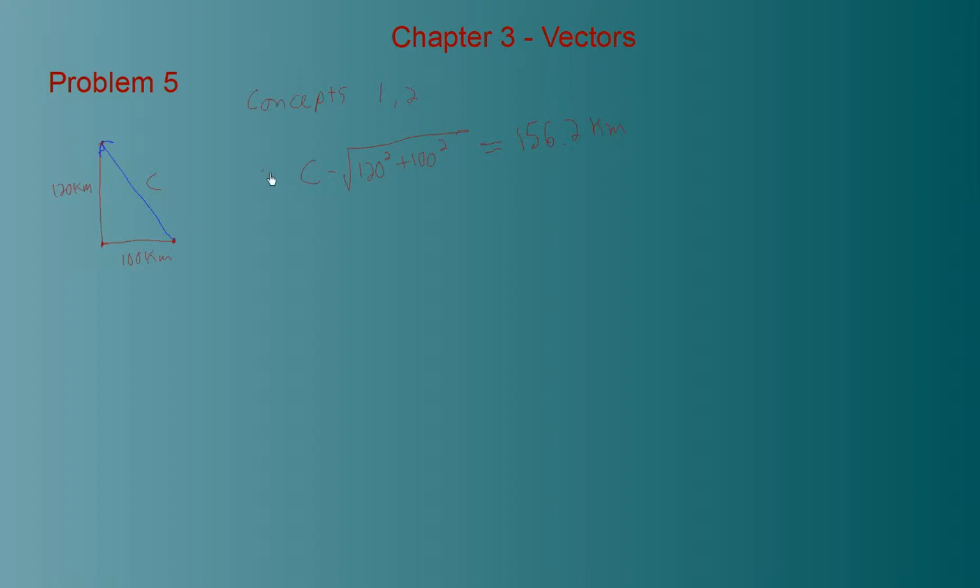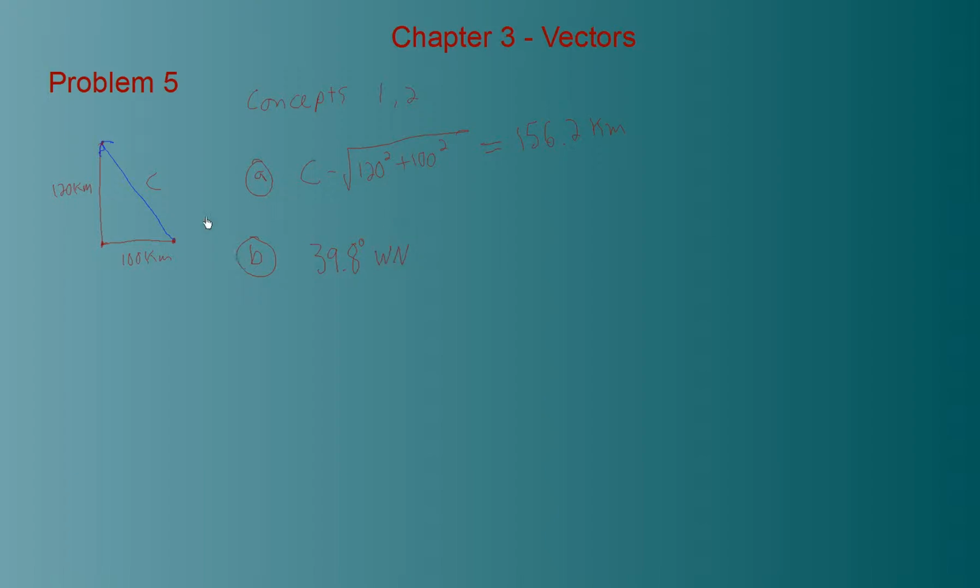So we found part A. Pretty straightforward. This distance is 156.2. Now, what direction? Well, if you look this up in the answers, they're going to say the answer is 39.8 degrees west of north.